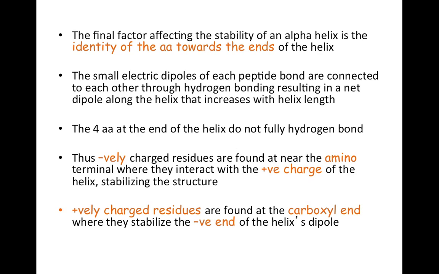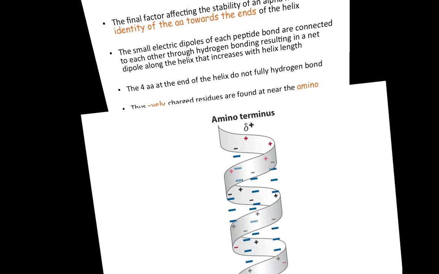The 4 amino acids at the end of the helix do not fully hydrogen bond. Thus, negatively charged residues are found near the amino terminal, where they interact with the positive charge of the helix, stabilizing the structure. Positively charged residues are found at the carboxyl end, where they stabilize the negative end of the helix's dipole. So let's look at the diagram here.